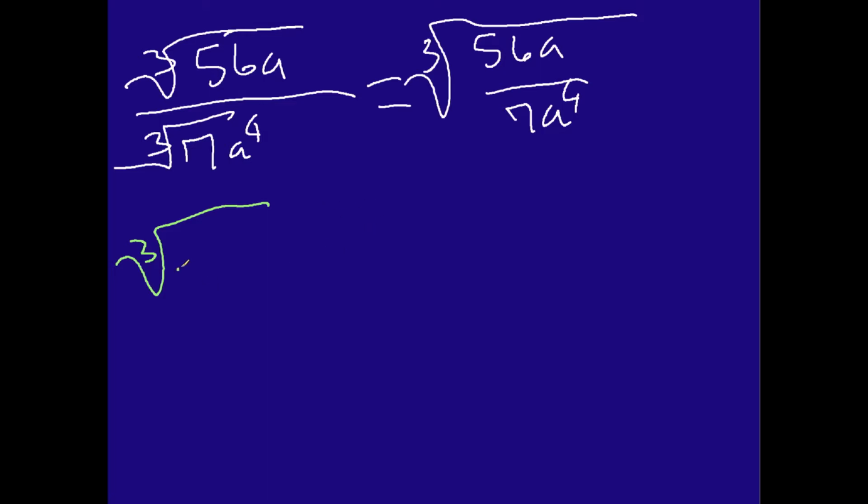Here's how I would split apart the top part: 8, that's going to be valuable in a second, times 7 times a. So 8 times 7 is 56, 56a. On the bottom, I have 7 times a times a times a times a. I'm just drawing all the individual variables for the sake of purpose here.